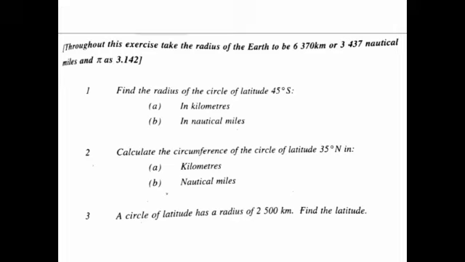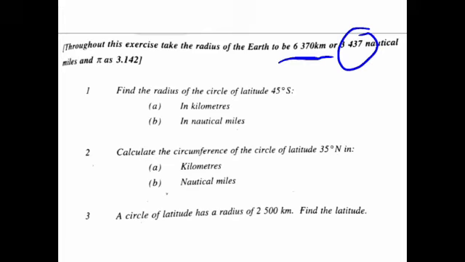It's saying the radius of the Earth to be 6,370 kilometers, or 3,437 nautical miles, meaning that whenever you are calculating in kilometers, that is the radius you use, and when you are calculating in nautical miles, you use the radius in nautical miles.